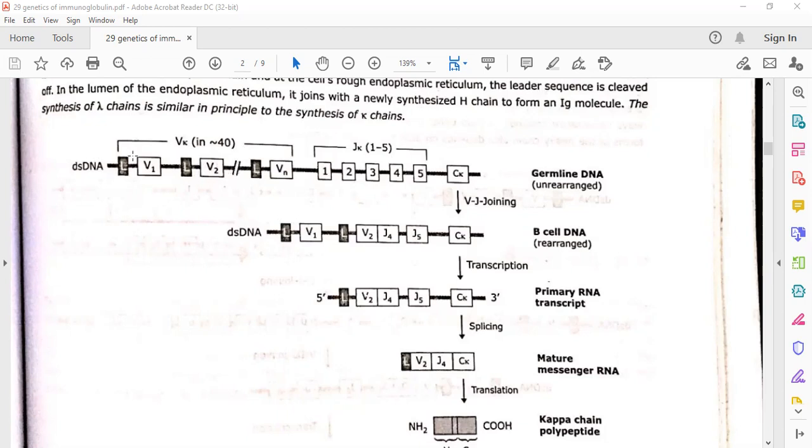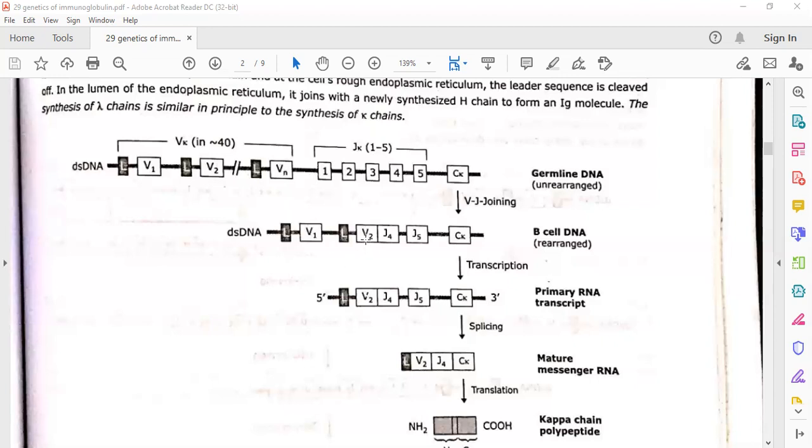First, the cut from V1 to V2, which will remove this V1 region, and they will join the L region, the 5' region, to the V2 region. From here another cut will be made to the V40 genes. So V3 to V40 will be removed also, and it will be joined by DNA ligase enzyme.